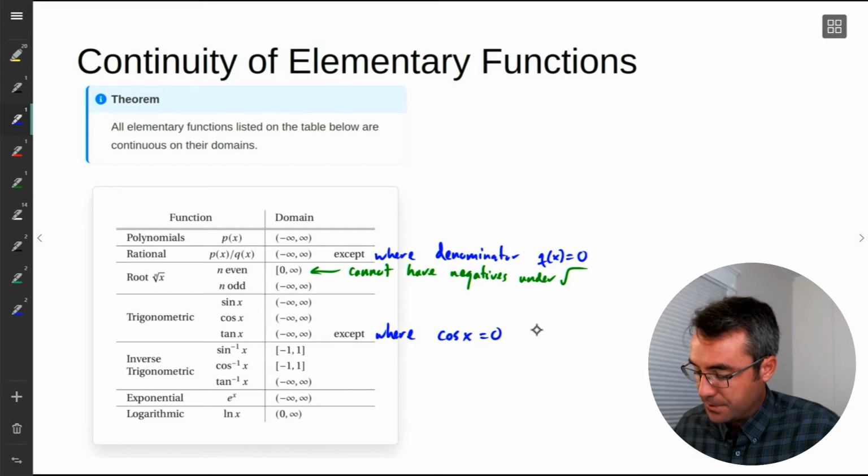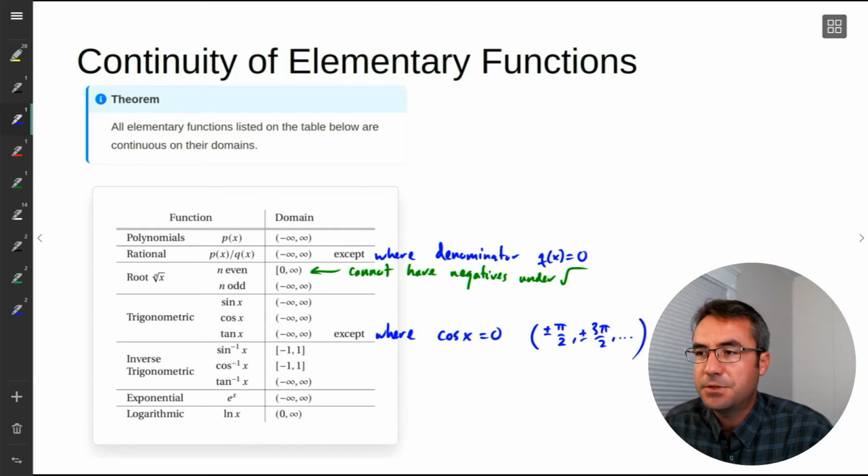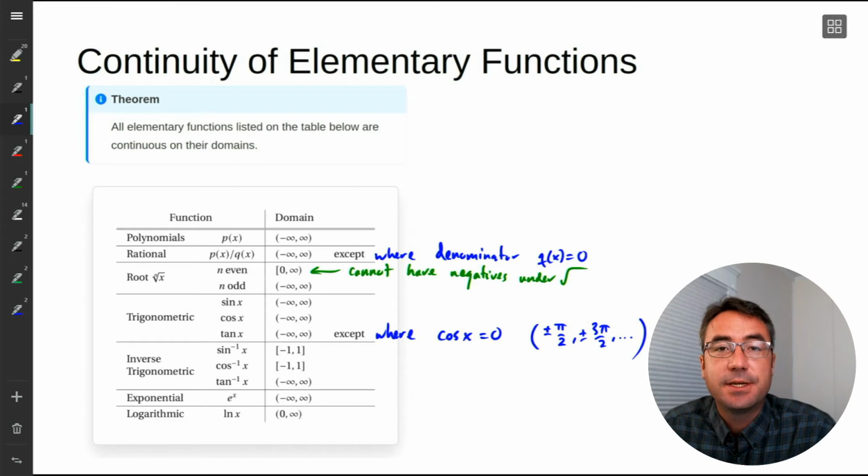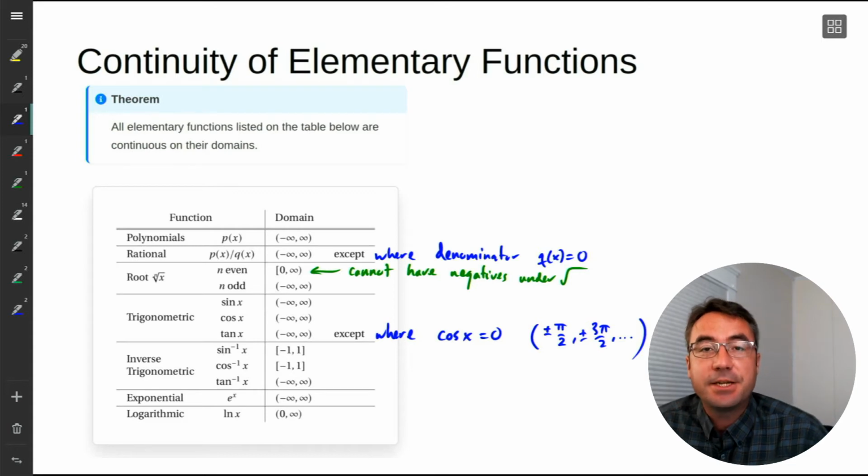And these values are plus or minus pi over 2, plus or minus 3 pi over 2, and so on. So there's a lot of places where tangent is undefined, but aside from those places, everywhere in between, tangent is nice. It's continuous.